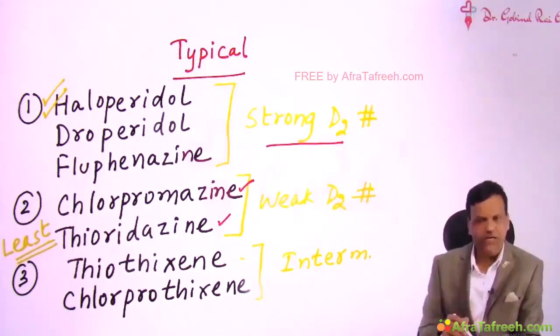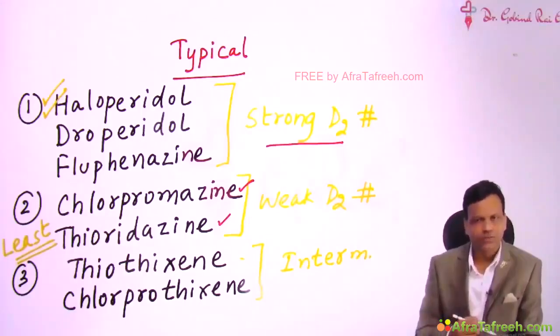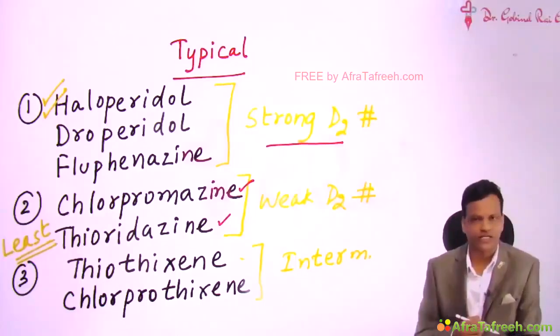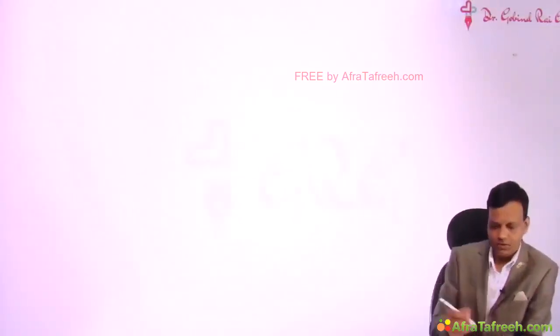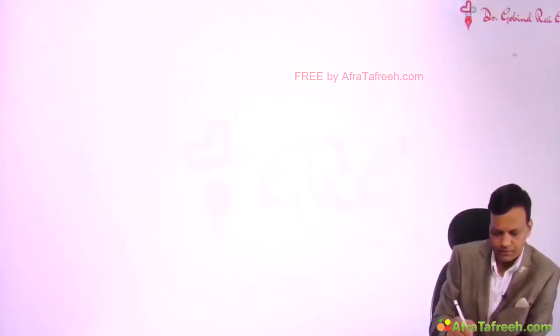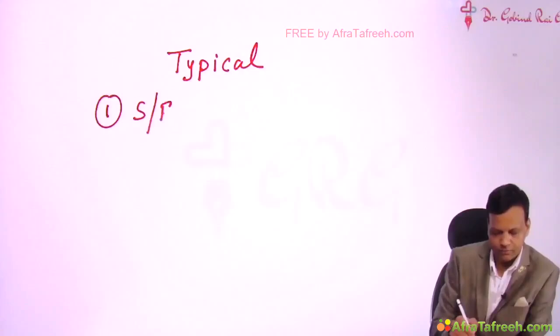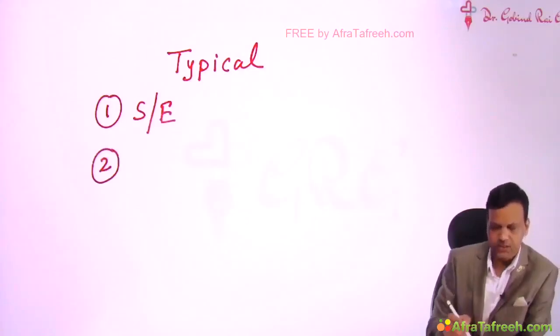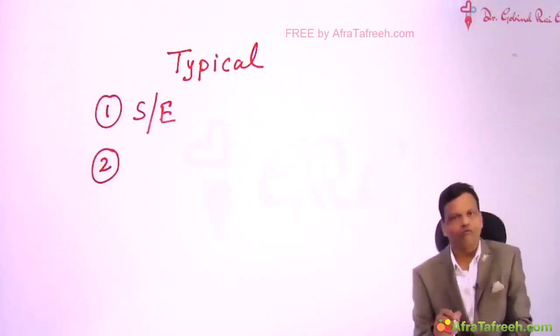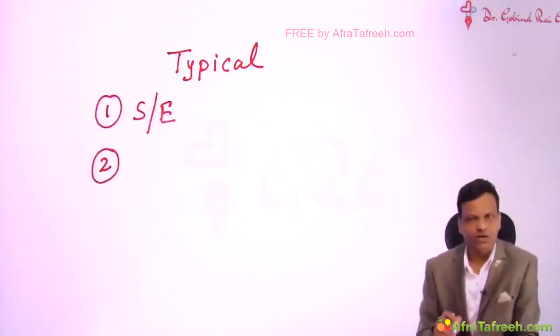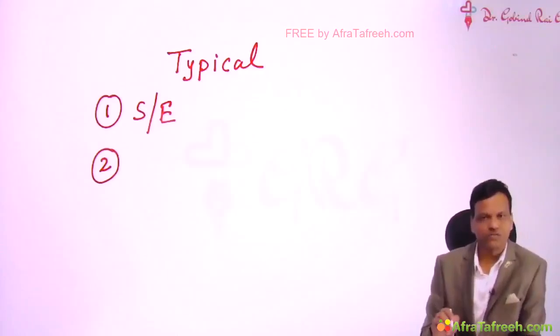If we give a weak drug, it is likely to cause side effects like anticholinergic and alpha blocking effects. So the problem with typical drugs: one, they have a lot of side effects. Second, the problem with typical drugs is they can control the violent behavior of a patient with psychotic disorder, which are called positive symptoms.